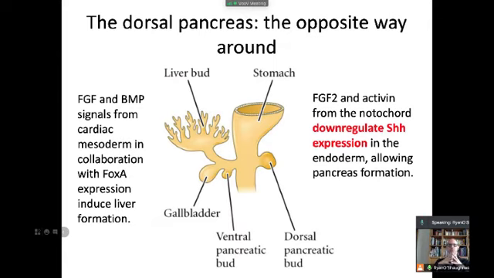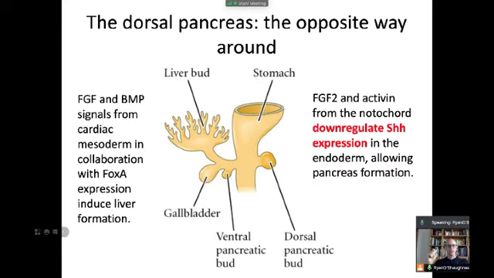And if we look at the dorsal pancreas, it's actually the opposite way around. So we have FGF and BMP signals from the cardiac mesoderm in collaboration with those FOXA pioneer factors induce liver formation.